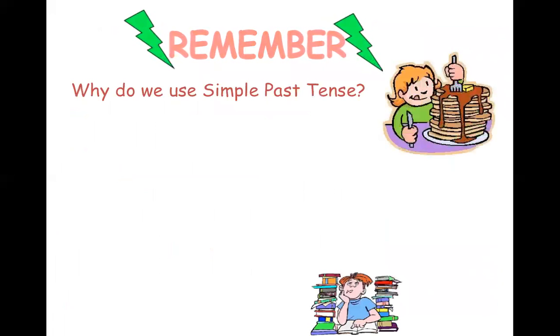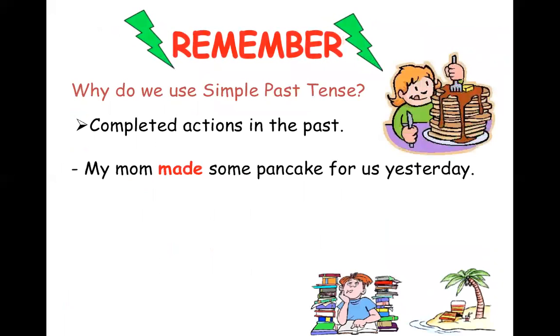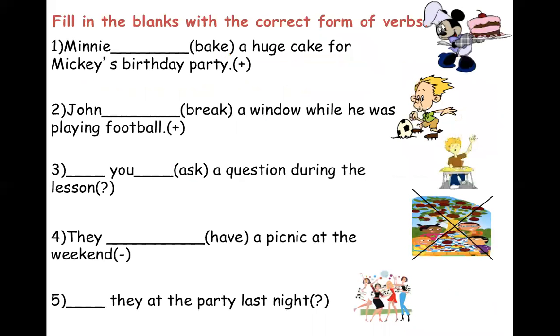Remember, why do we use simple past tense? To talk about completed actions in the past. My mom made some pancakes for us yesterday. Okay, Minnie baked the cake for Mike's birthday party.